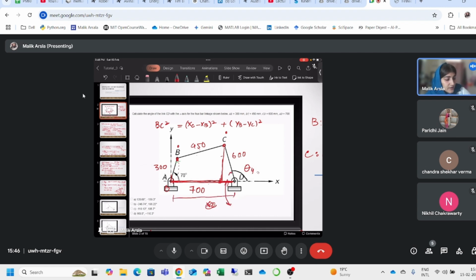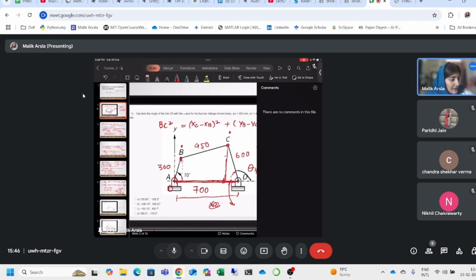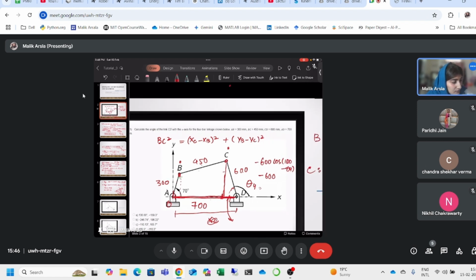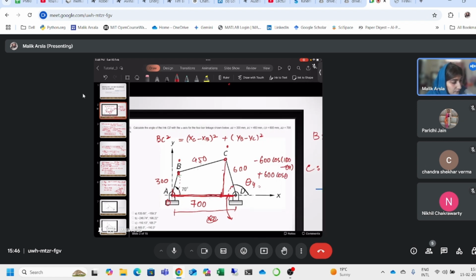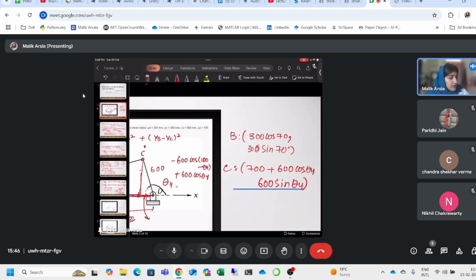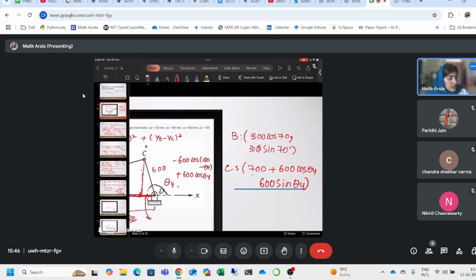It will be 600 cos of 180 minus theta 4. But cos of 180 minus theta 4 is minus cos of theta 4, so that minus will come outside and it will become plus cos of theta 4. So that is how you write xc, 700 plus 600 cos of theta 4.